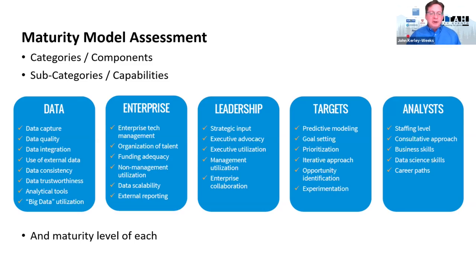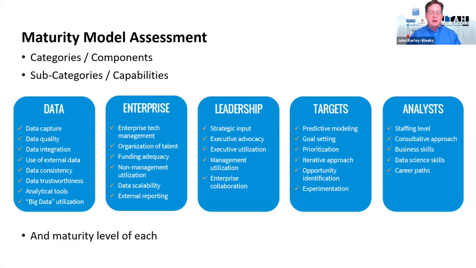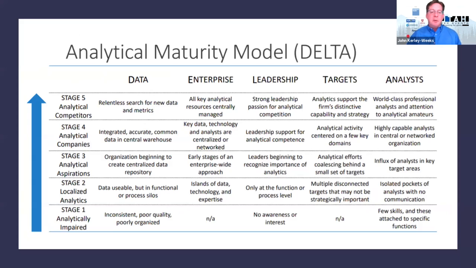For each of these components, there's a maturity level measurement for each of the subcategories, and those are rolled up into a score within each of the main categories or core components. So for instance, we might look at all of the subcategories for the data structure that we saw here, and give them a ranking from 1 to 5.